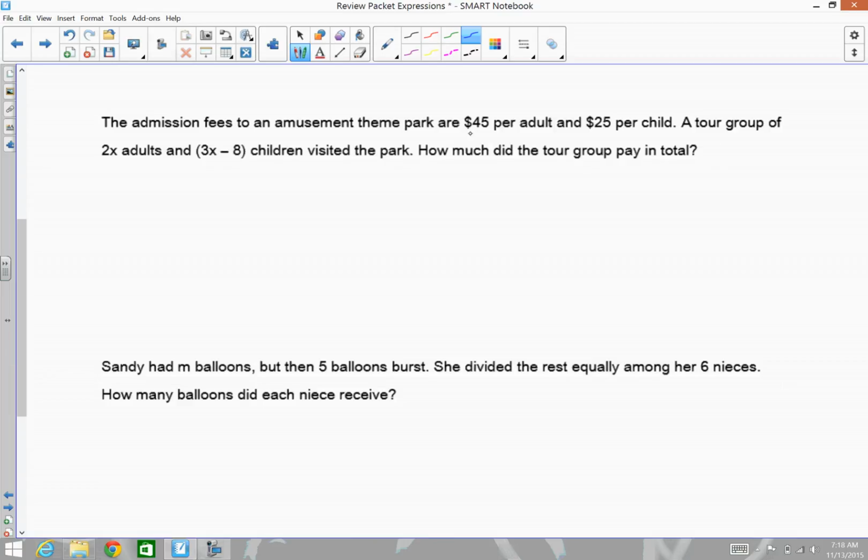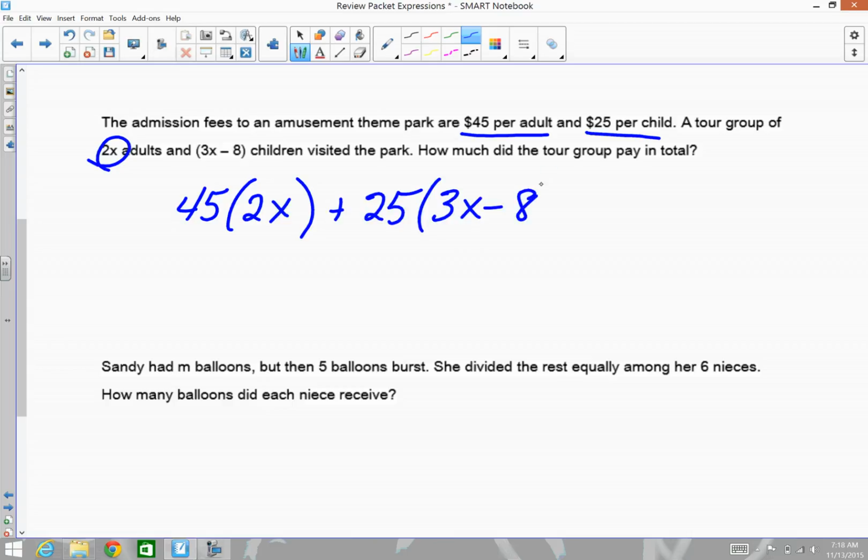Okay, this one's similar. Okay, $45 per adult, but this is the number of adults, so 45 times 2x. And then we have $25 per child, and we have 3x minus 8 children. Okay, and then you can simplify.